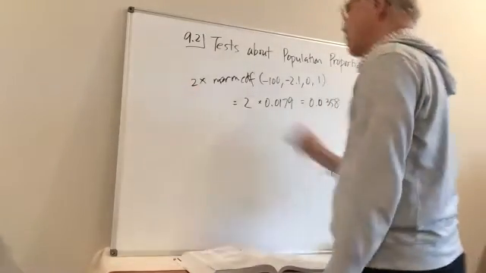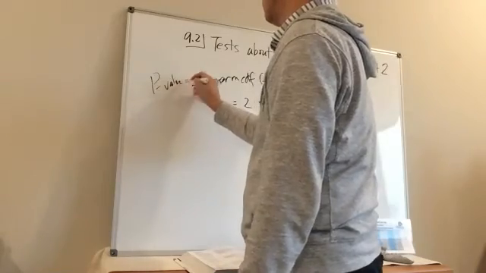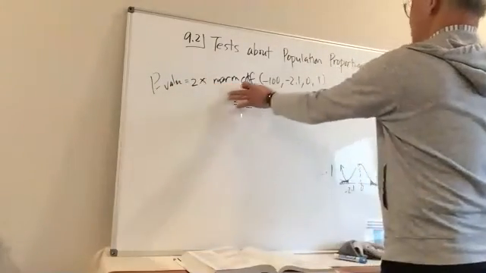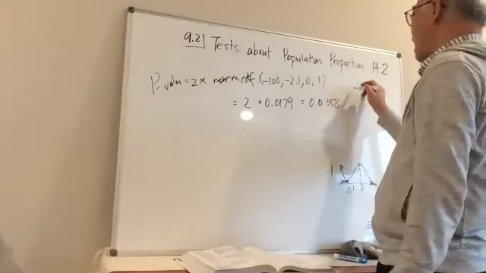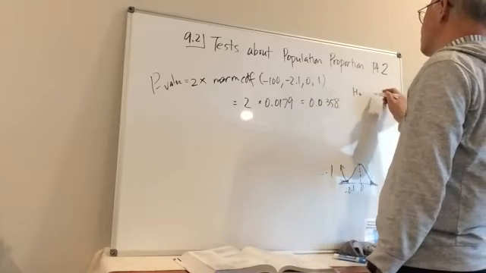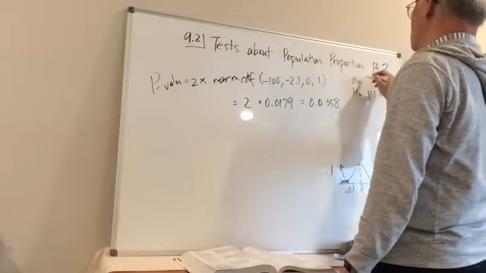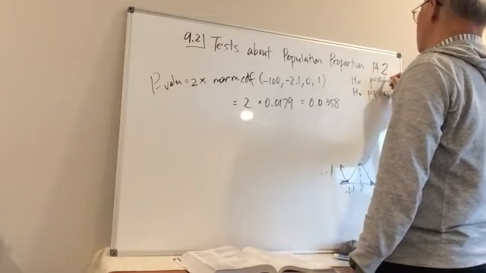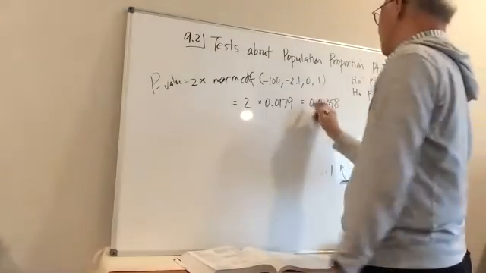Now, the p-value, again, was 2 times this tail here. So I have 2 tails because the Ha was not equal to 0.68. The Ho was 0.68, right? So again, my p-value is this.